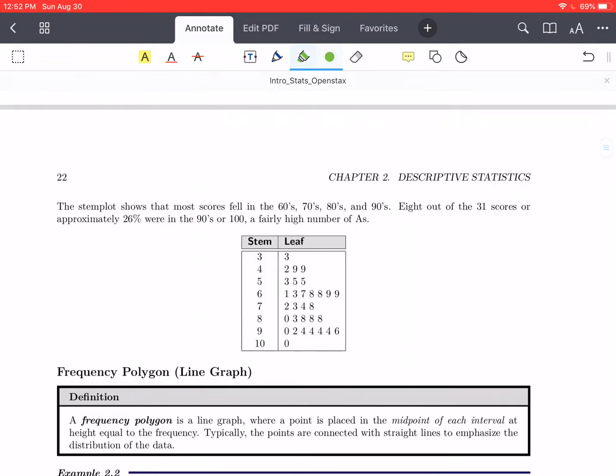And you can see there's the 33, the 42, 49, and 49, 53, 55, 55, etc. If you're looking at the shape of it, you can see where the data is spread the most. Like they said, the 60s to 90s is where most of the data is. So that can give us good visual information as well. Okay, so that's a stem and leaf plot.